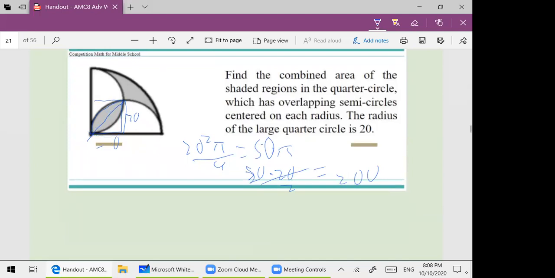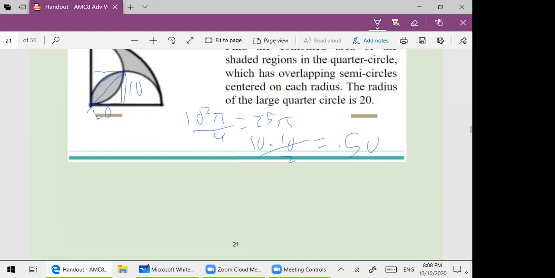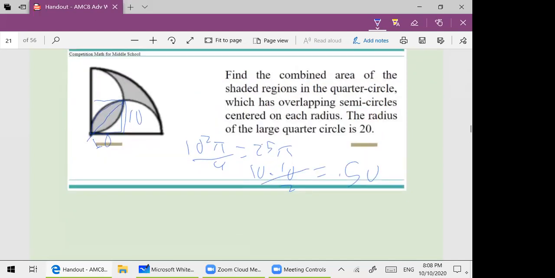Sorry, these are supposed to be 10. Okay. So each of these, half of a curve, is 25 pi minus 50.